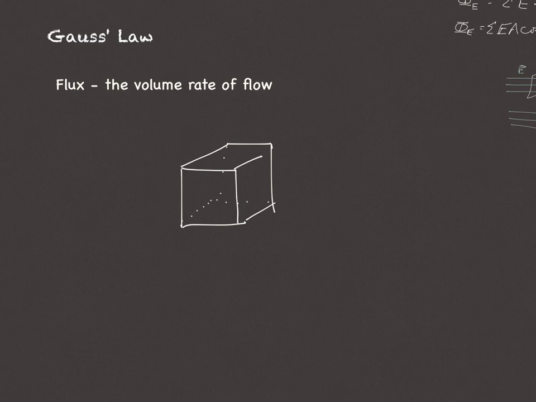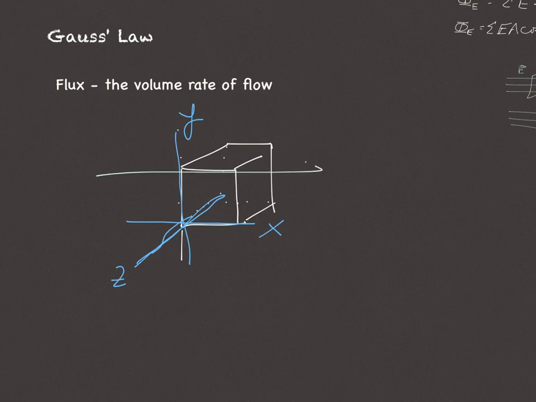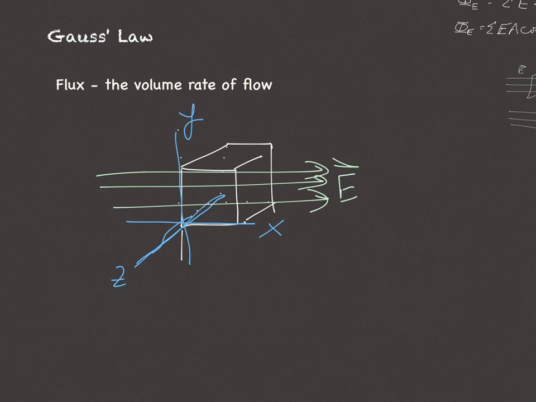So here, let's make our electric field go along the x-axis, and because we have multiple surfaces, we will have multiple fluxes.